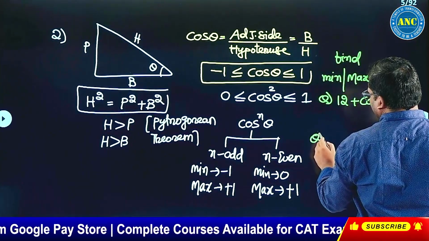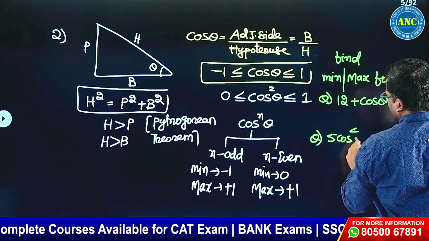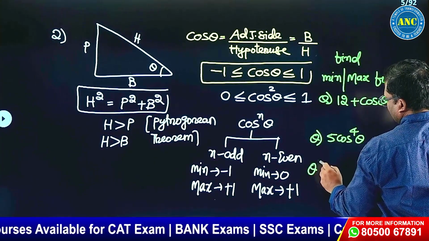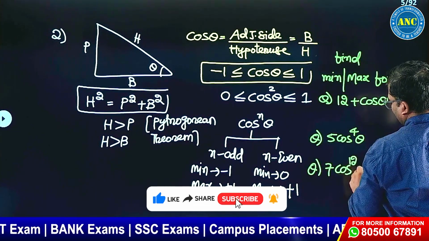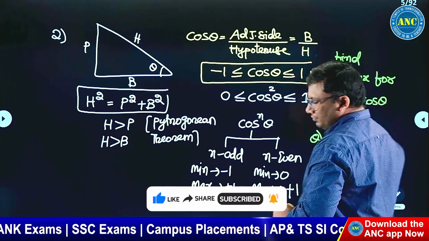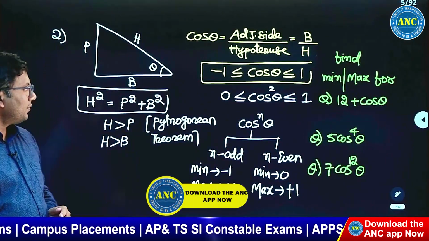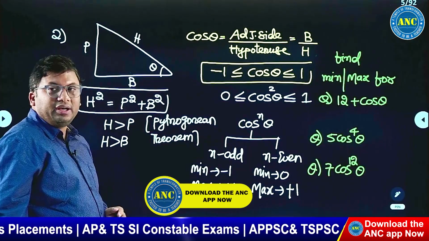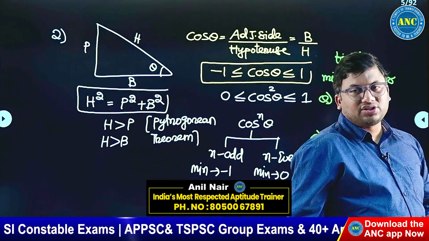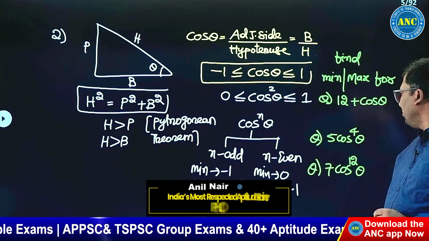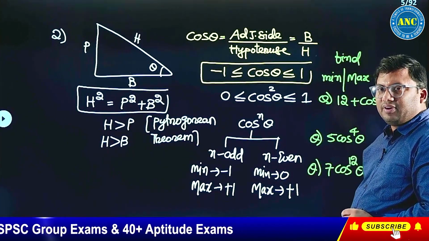Next one, 5 cos power 4 theta. 7 cos power 12 theta. Find the minima and maxima for 12 plus cos theta, 5 cos power 4 theta, 7 cos power 12 theta.